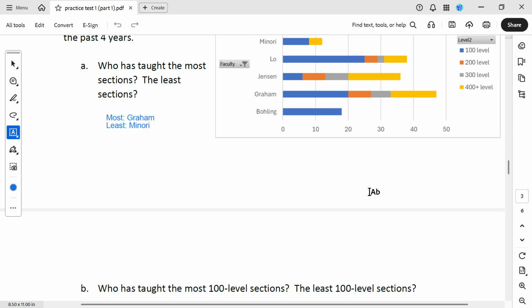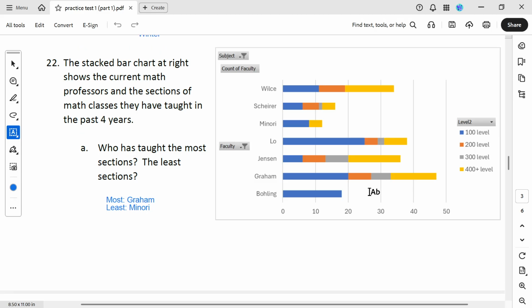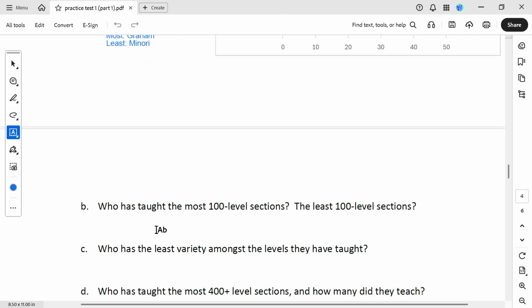All right, so least and most 100 level sections. I'm looking for the shortest blue bar and the longest blue bar. The shortest one belongs to either me or Steve. Yeah, me and Dr. Shire. And then the longest one is definitely Dr. Lowe. Okay. So most is Lowe, least is Jensen or Shire.